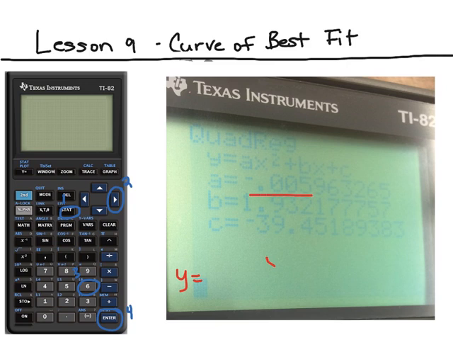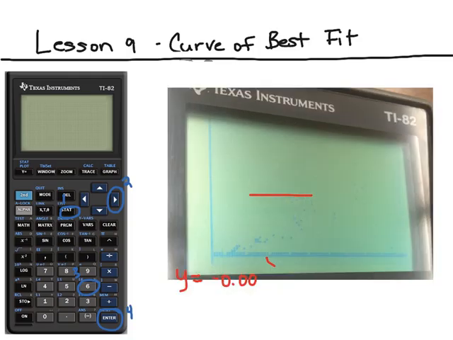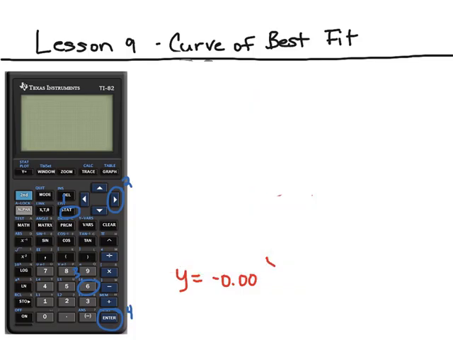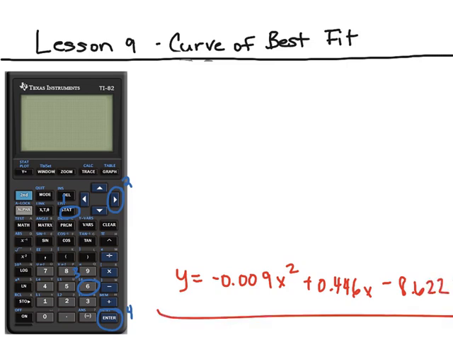I think I got different numbers, but the numbers that I got when I did it the first time for A, B, and C are negative 0.00, 0.009 x squared plus 0.446x minus 8.622. So there's your regression cubic, your quadratic regression.